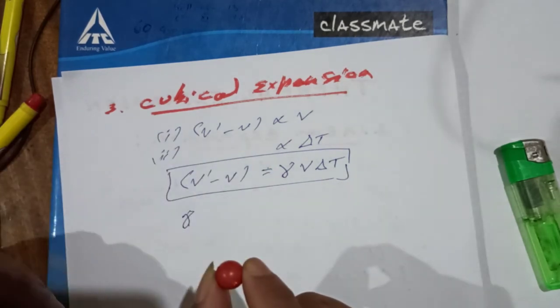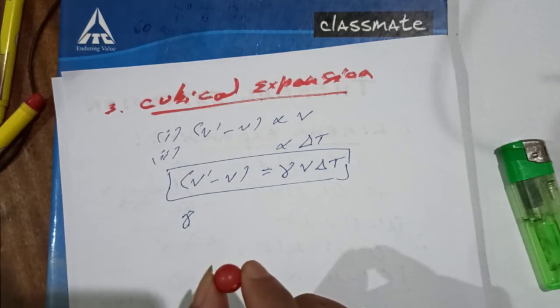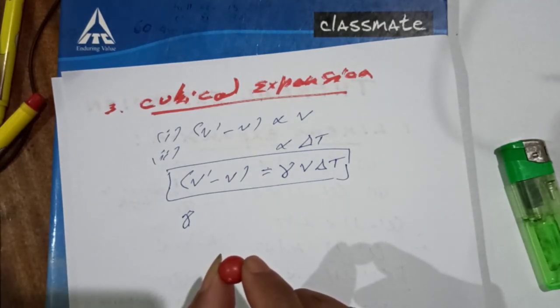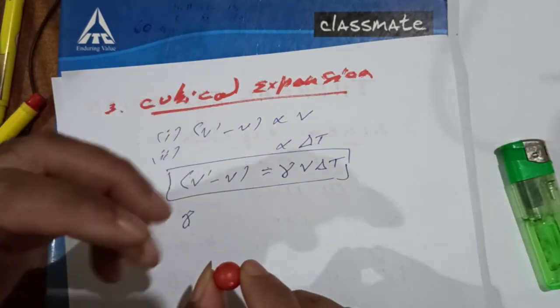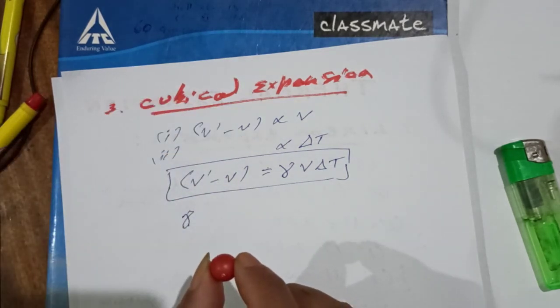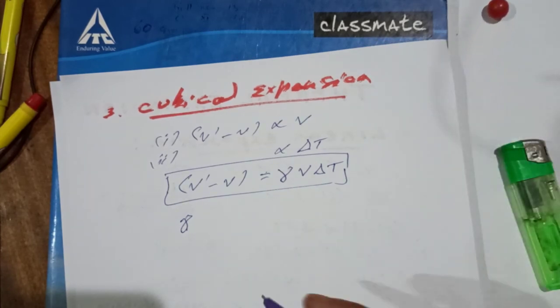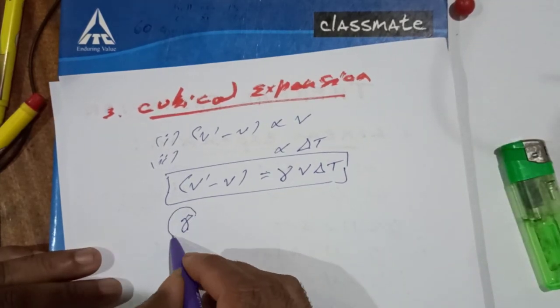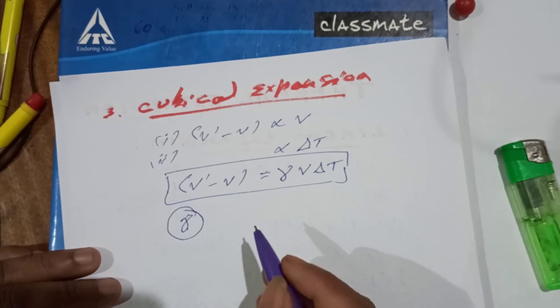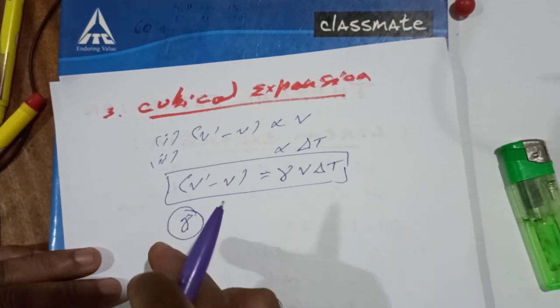The increase in volume will be different for each material of the body. What is the reason? It is because of this coefficient of cubical expansion. So gamma is very important.